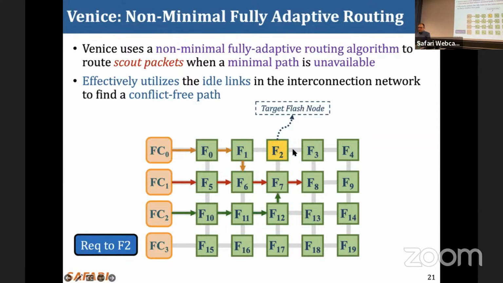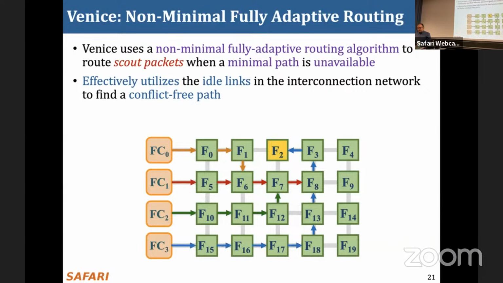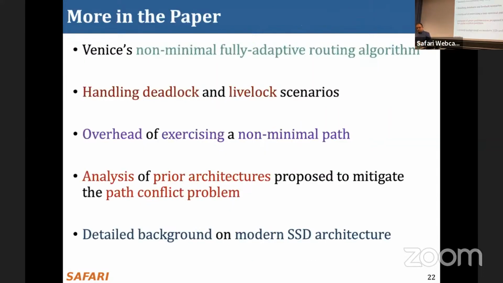You can see that there is no minimal path that can reach F2 without any conflict. But you can use a non-minimal path, like this, to reach F2. That's a very important part of the Venice mechanism: we use non-minimal paths in order to avoid conflicts.